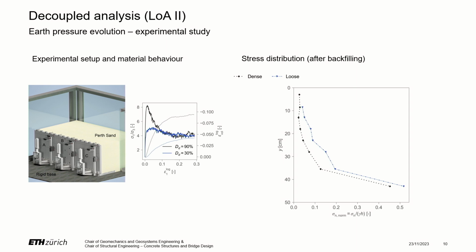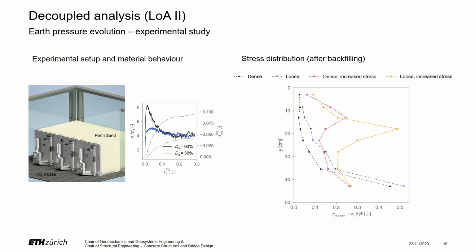After the backfill phase, we observed this initial stress distribution for the samples that were just deposited without any compaction. We see that we have a bilinear distribution, and for loose samples, we have higher pressures. We then also conducted some tests where we deposited the backfill in different layers, and after the deposition of each layer, we applied a static load, rather than to compact them, to simulate increased stresses in the soil.